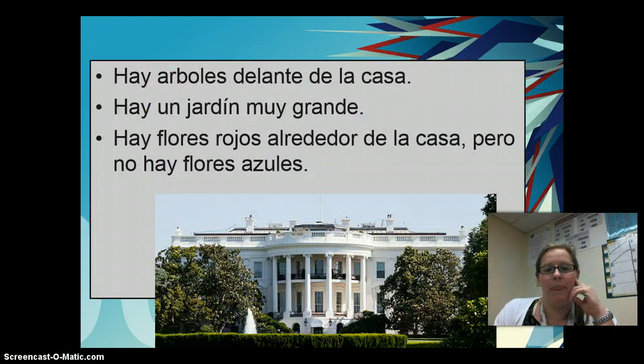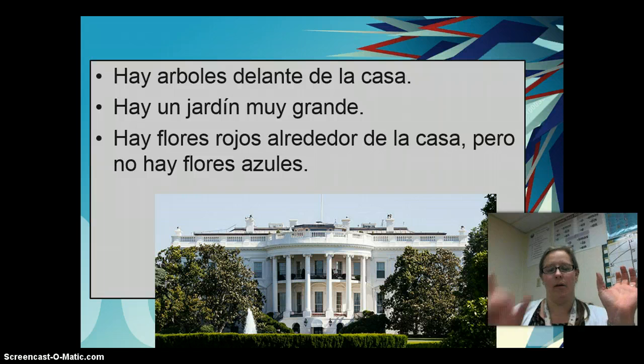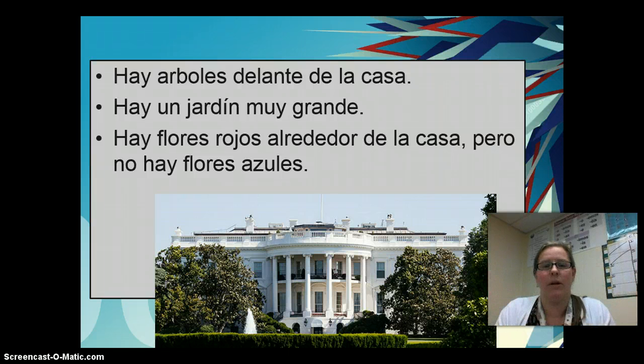So here we go. We're going to use hay in our prepositions to talk about the White House. So I could say, hay árboles delante de la casa. So think about what that might mean. There are trees in front of the house. So we're talking about these guys right here, right? Hay un jardín muy grande. There's a very large yard or garden.